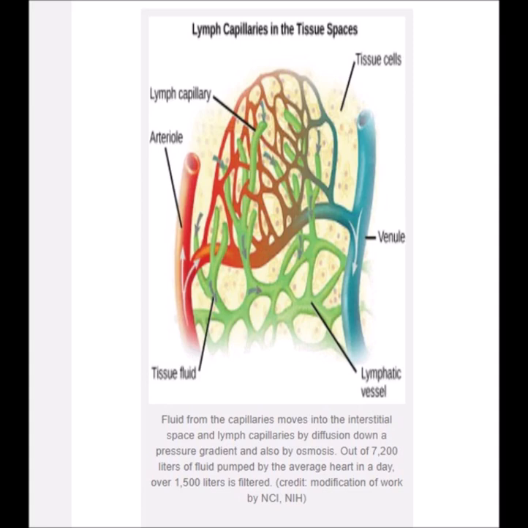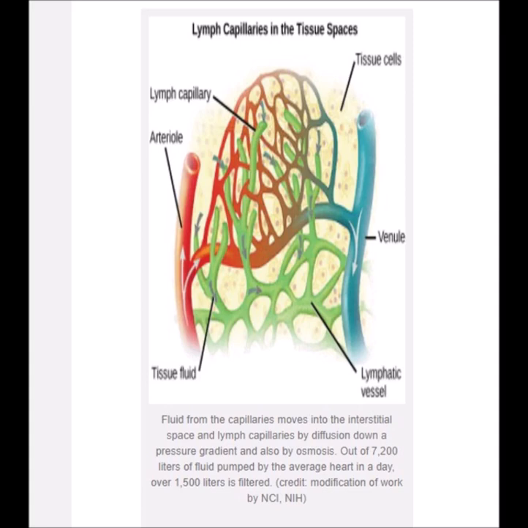This causes about 85% of the plasma that leaves the capillaries to eventually diffuse back into the capillaries near the venules. The remaining 15% of blood plasma drains out from the interstitial fluid into nearby lymphatic vessels.